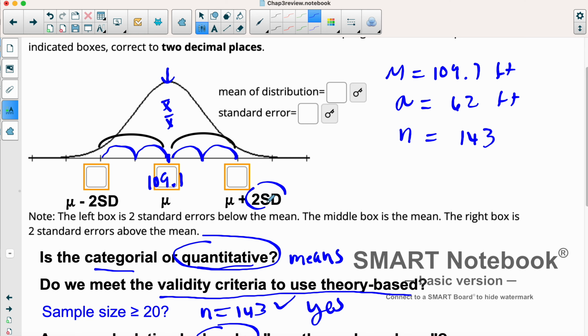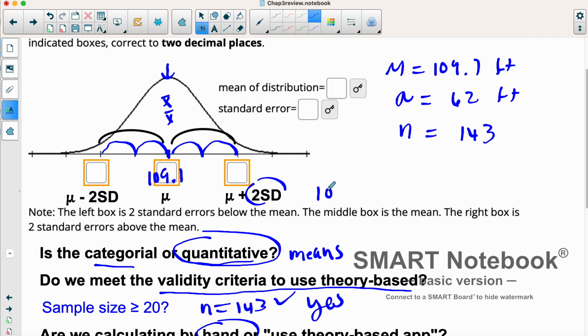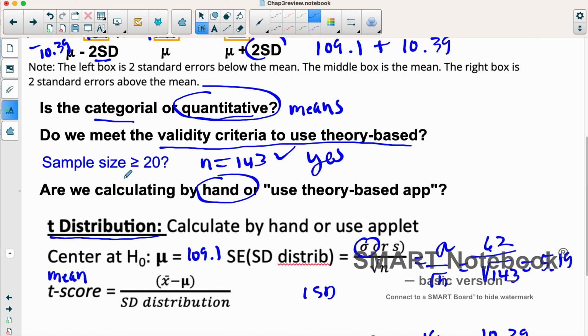We add 2 standard deviations to mu, 109.1 plus 10.39, which gives me 119.49. Now to find 2 standard deviations below, we subtract: 109.1 minus 10.39 gives us 98.71. That's what we have.